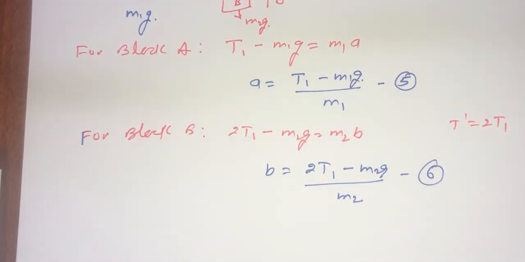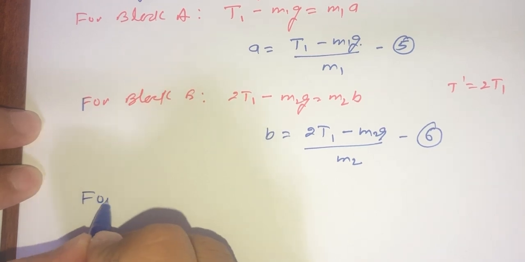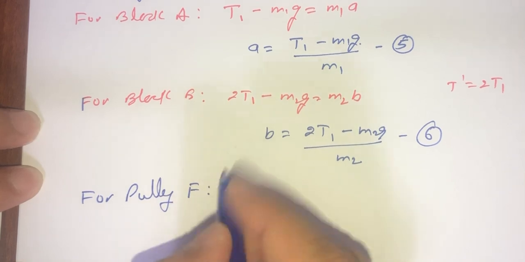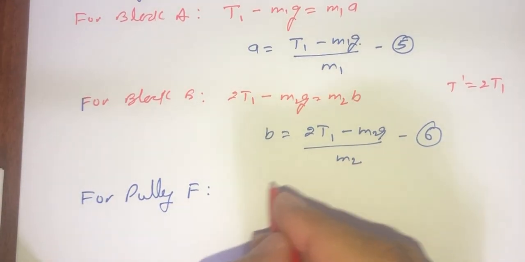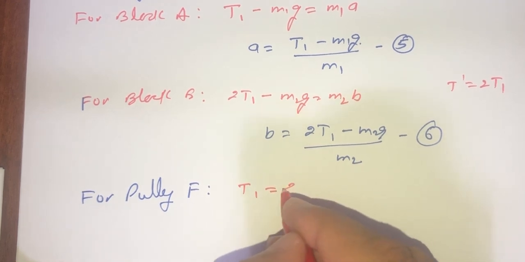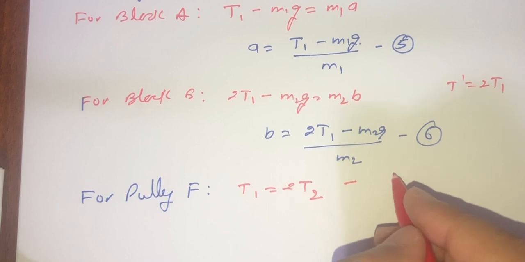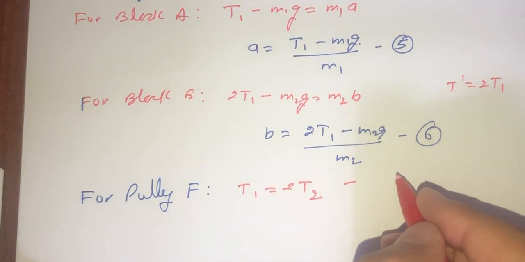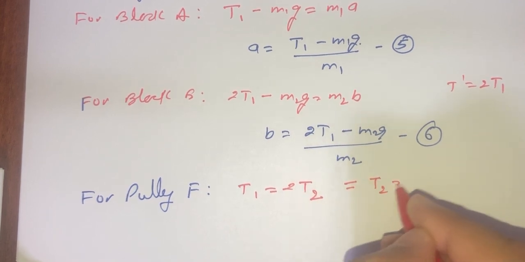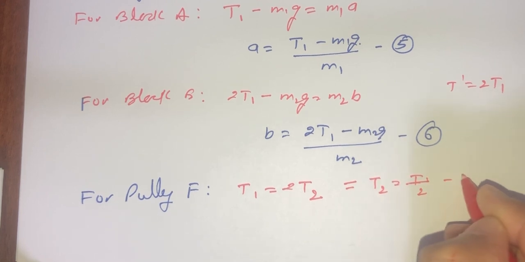So from here we can say for pulley F, we have T1 is equal to twice of T2. From here we can say that T2 is equal to T1 by 2. Let this be equation number 7.